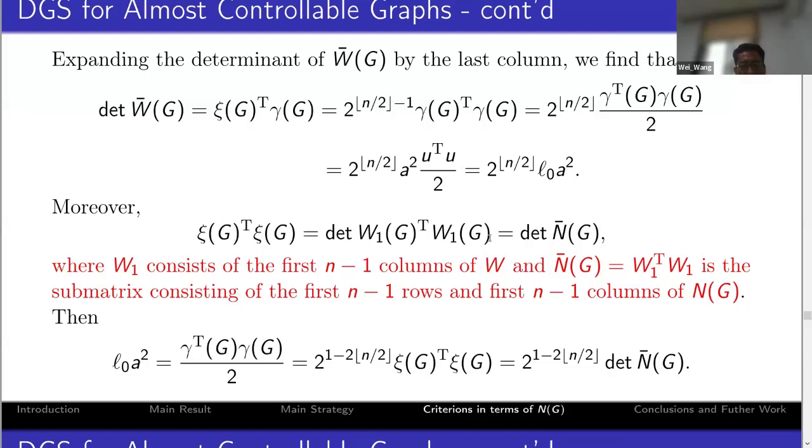Moreover, we can also have this kind of relation. Well, W1 consists of the first n minus 1 columns of W, and bar NG equals W1 transpose multiplied by W1. It's a submatrix consisting of the first n minus 1 rows and the first n minus 1 columns of the Hankel matrix NG. So once we know capital NG, then we know bar capital NG.